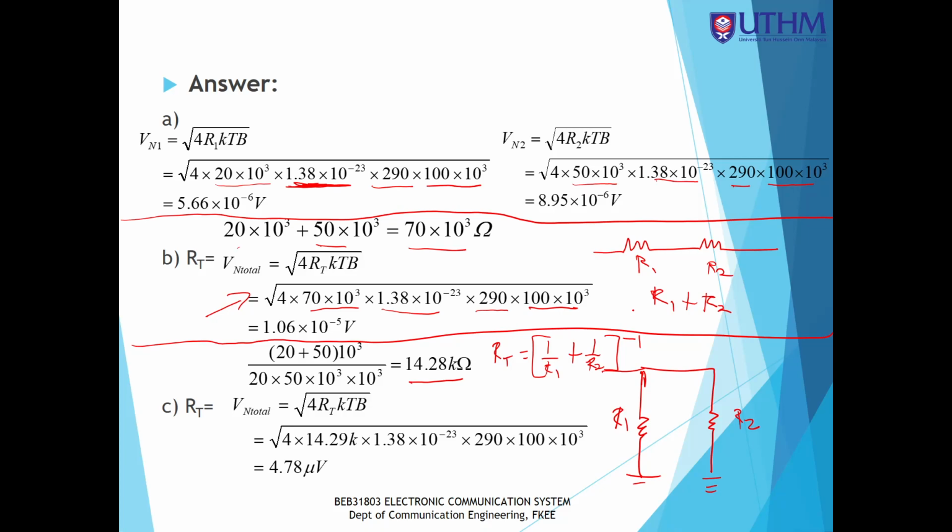So you get 14.28 kilo ohm. So the R total for the parallel connection is 14.28 kilo ohm. Put it inside the equation, square root of 4 times R total times K Boltzmann times room temperature times the bandwidth. So you get 4.78 microvolt. This is for the parallel connection.